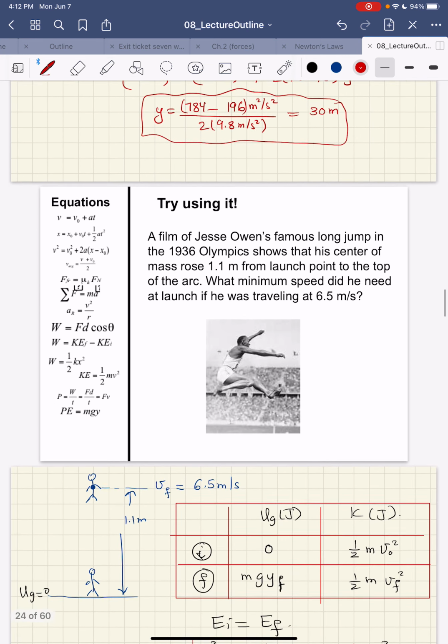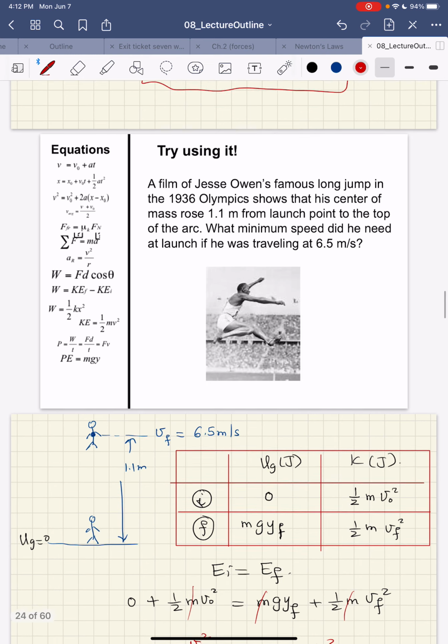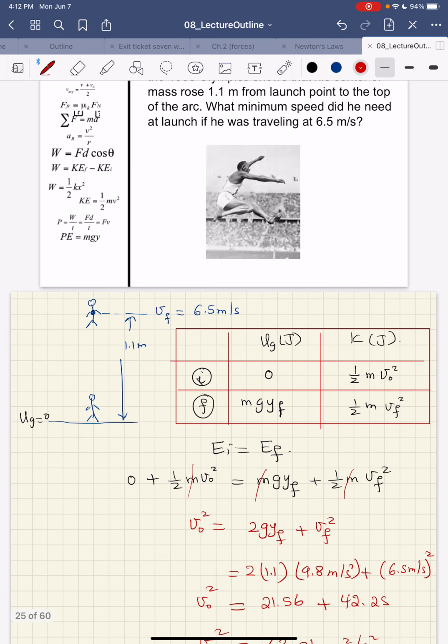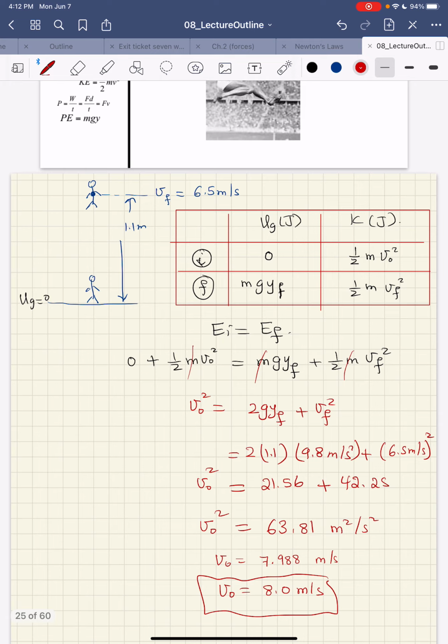Okay, this is here about a film of Jesse Owens' famous long jump in the 1936 Olympics, which shows that his center of mass rose 1.1 meters from launch point to the top of the arc. What minimum speed did he need at launch if he was traveling at 6.5 meters per second at the top?